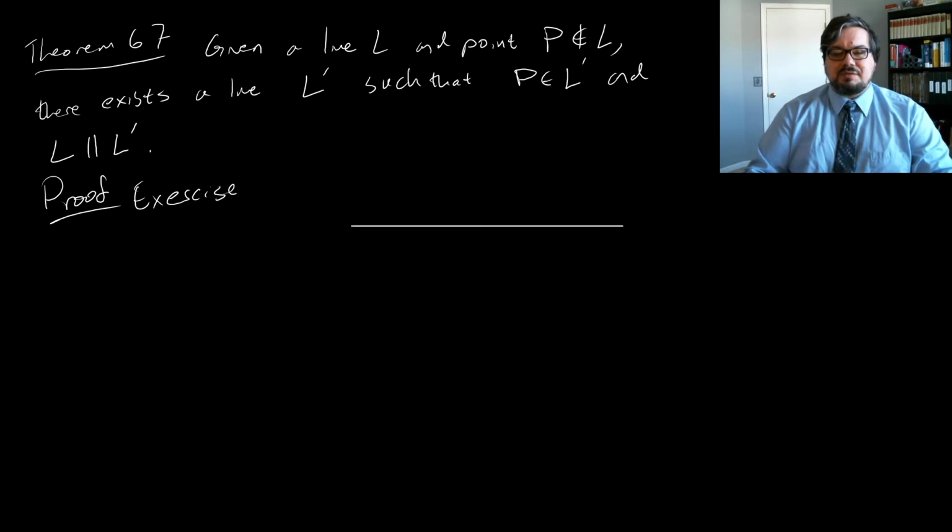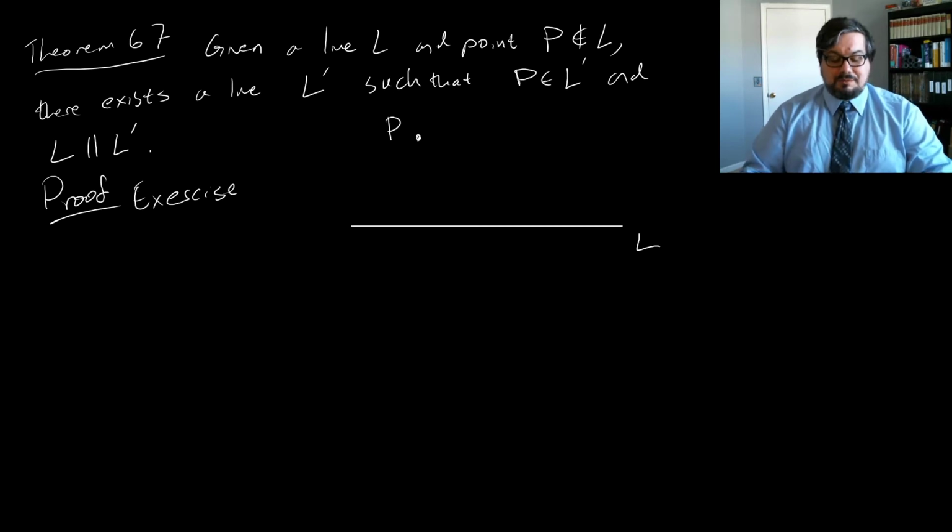The sketch of the situation helps to see how the proof might go. We've got a line L and a point P. We want to show that there's some line that goes through P that is parallel to L. And what we're going to want to do is to use the previous result, Theorem 66.